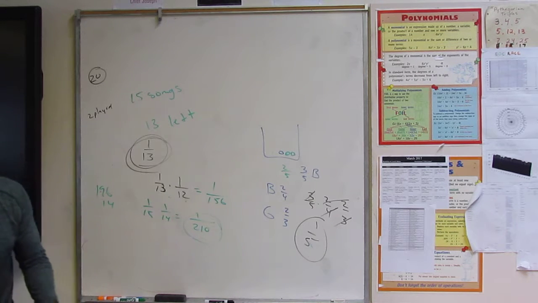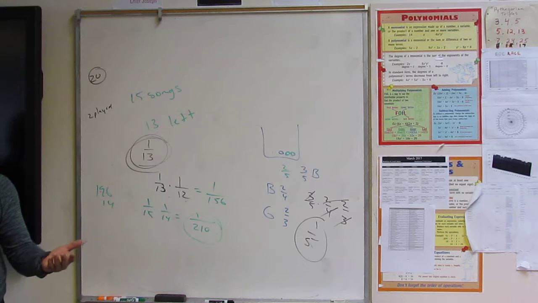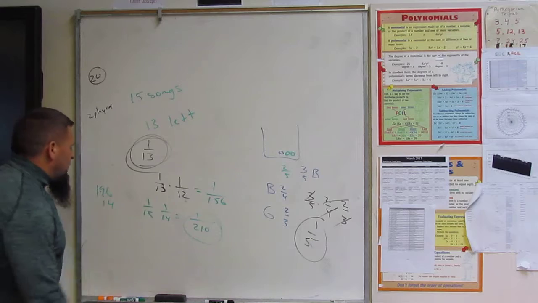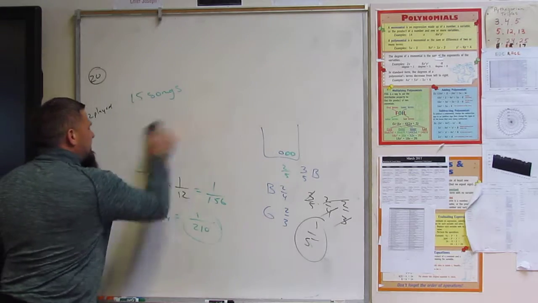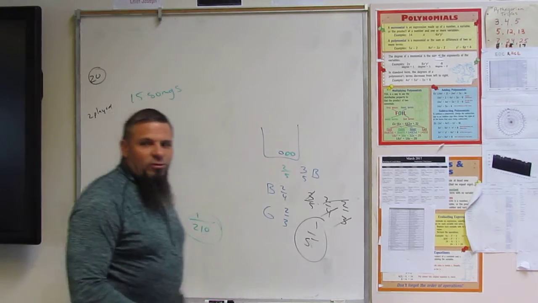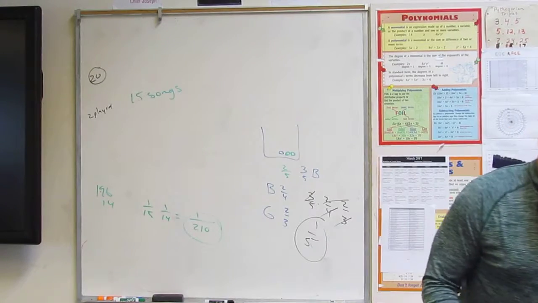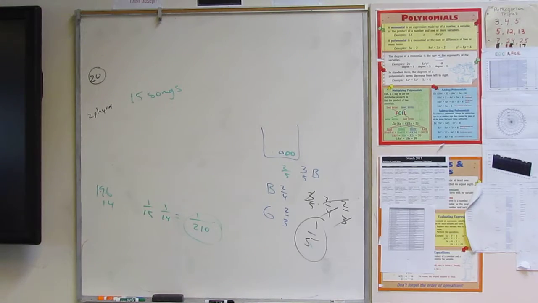What's the probability of the first one being your favorite and the second one being your least favorite? I don't know where I got 13, because there wasn't 13 left. I overread that problem. It's really just you got 15 songs. Your first one's 1 out of 15, your second one's 1 out of 14. You multiply the 2, you get 1 out of 210. Good? Nice.